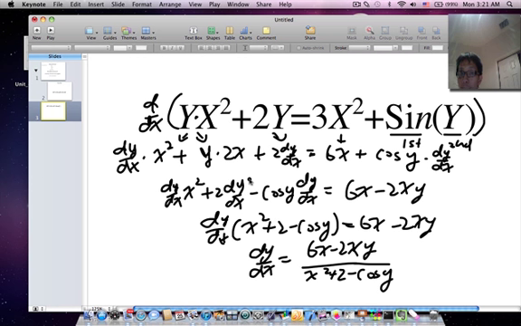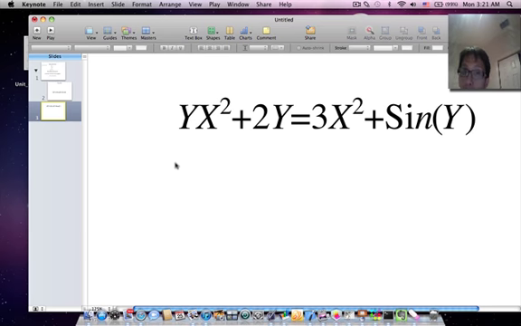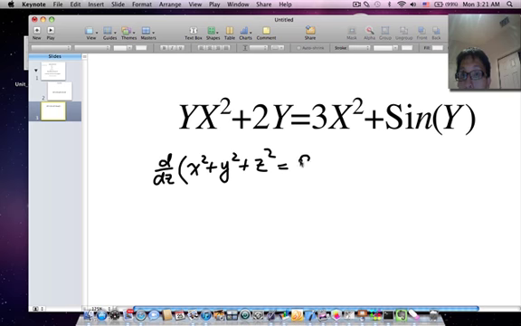Now let's go to the next one. I'm going to point out an example that I didn't have here, where we're taking the derivative with respect to other variables. Let's say x squared plus y squared plus z squared equals 9.